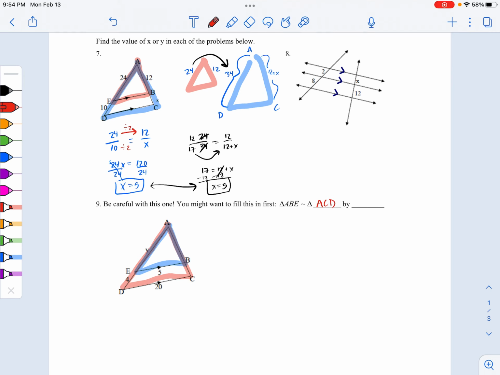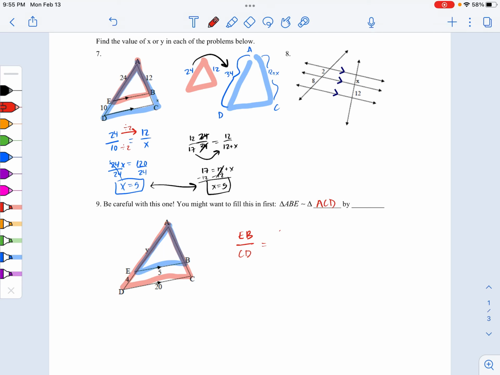ACD. This can make a big difference because when you write these proportions out, for instance, if I wrote EB is proportional to, it's EB, CD. And then doing this again, using the parts that are given in this problem, we want to work with the triangles.